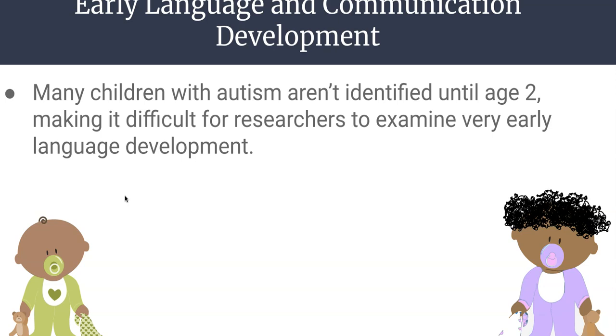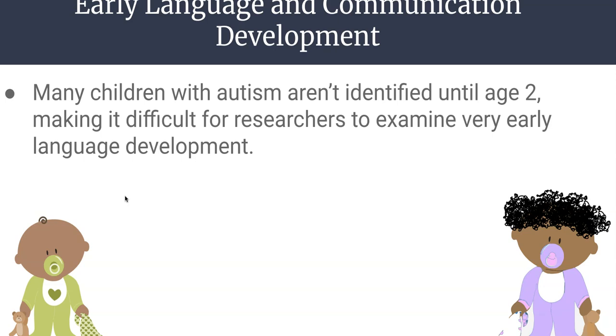Because we know there's a big genetic link, if we have a child in the family who has autism, and there is a new baby on the way, researchers can really start videotaping and evaluating that new baby from 1 month, 2 months of age to follow them.